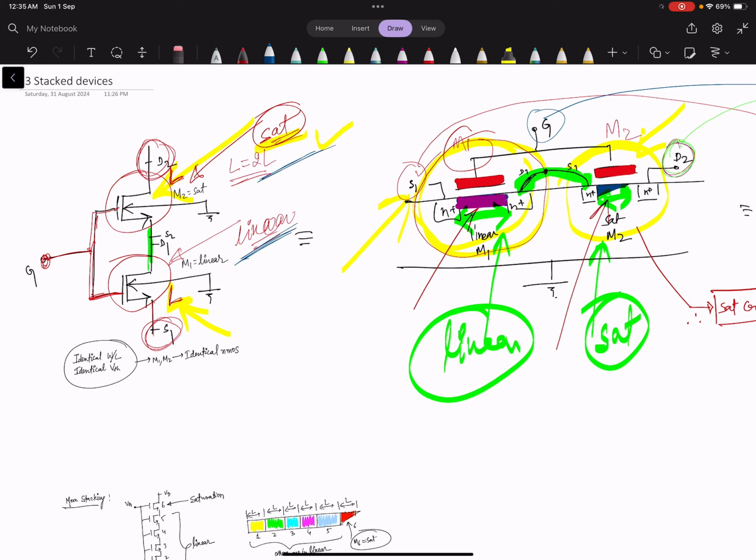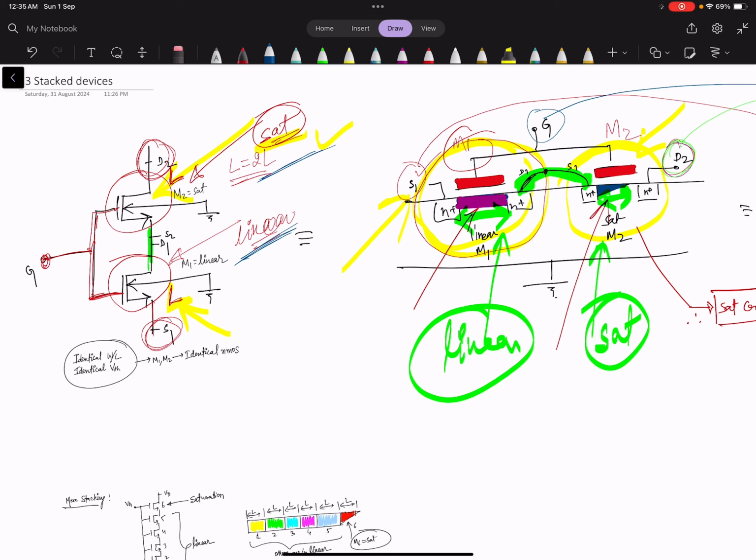Why it is so, I'll tell you in a different video. What will happen if we have different lengths, let's say L1 and L2 are different, or widths are different? Then the problem is there will be different VTH. Because of different VTH, things will be different, because VTH is also dependent upon the length of the device.